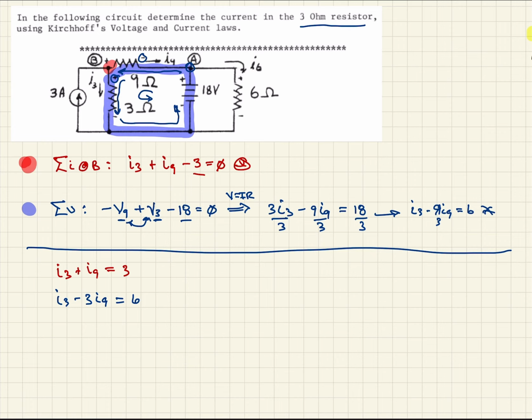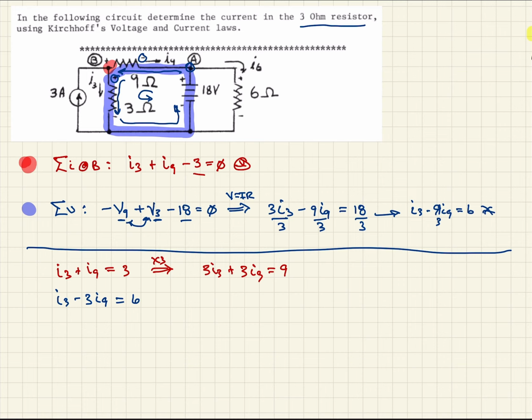So to do this, I'm going to take the first equation here. I'm just going to multiply through it by 3. So when I do, I get 3I3 plus 3I9, and that's going to equal 9.